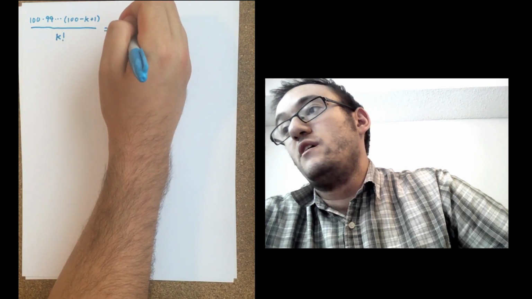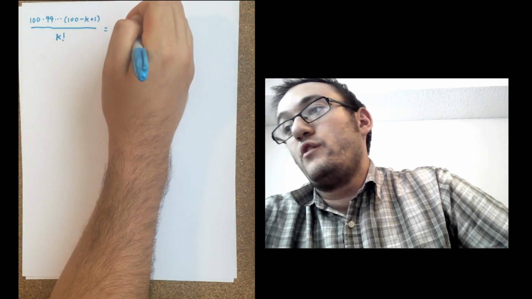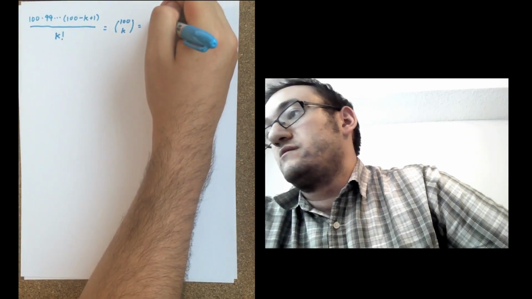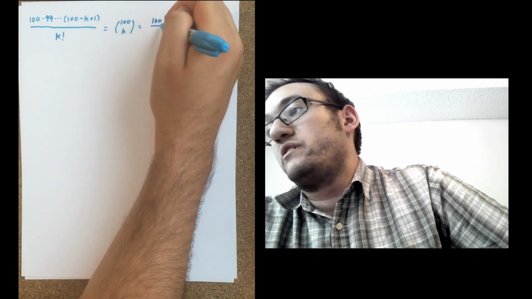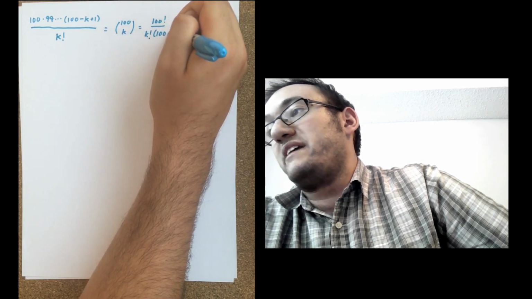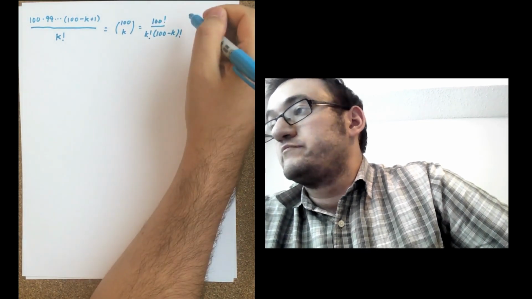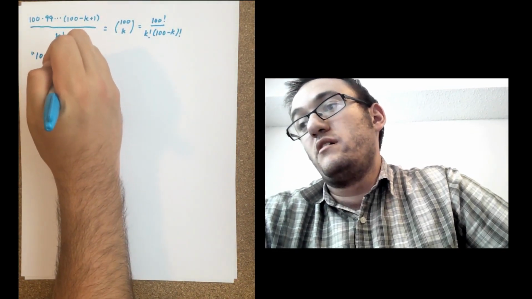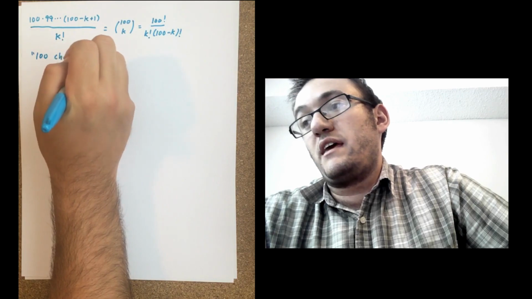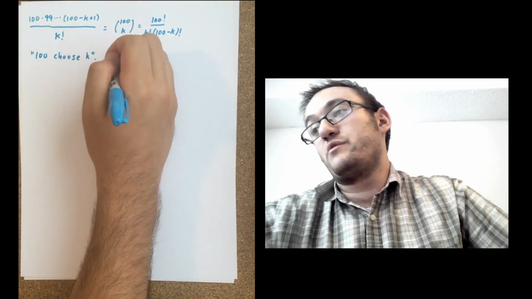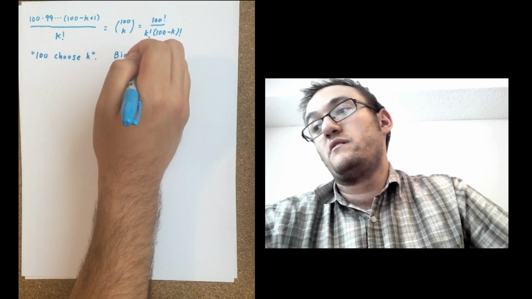It's written as 100 choose k is equal to 100 factorial divided by k factorial times 100 minus k factorial. And we read it as 100 choose k. These are also called binomial coefficients.